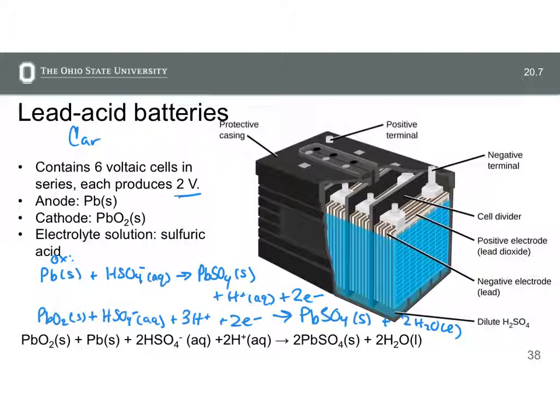So if you take your oxidation reaction and your reduction reaction and add them together, you end up with the equation that's written on the bottom, and that's the overall cell reaction for the lead acid battery.